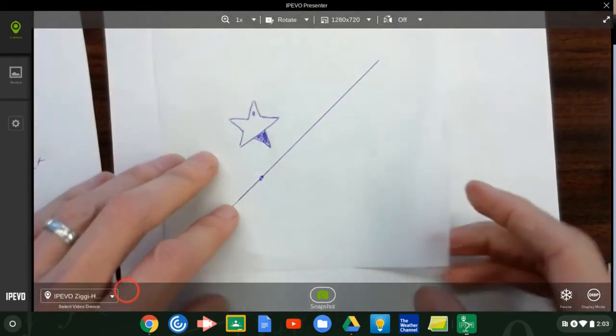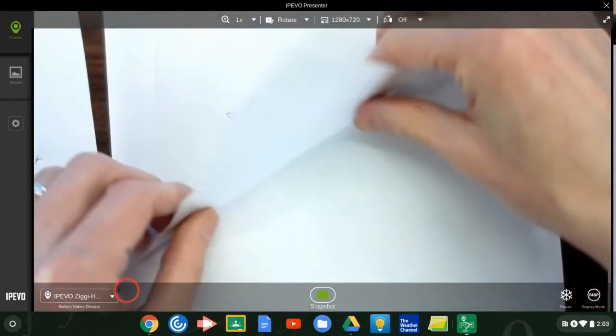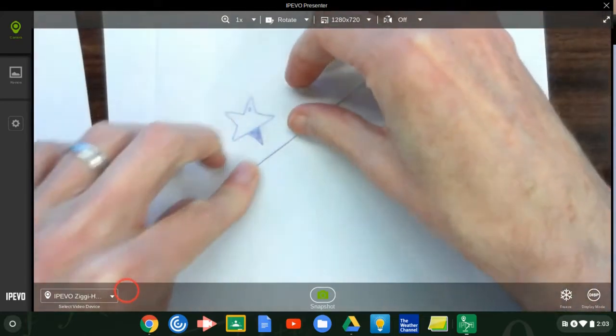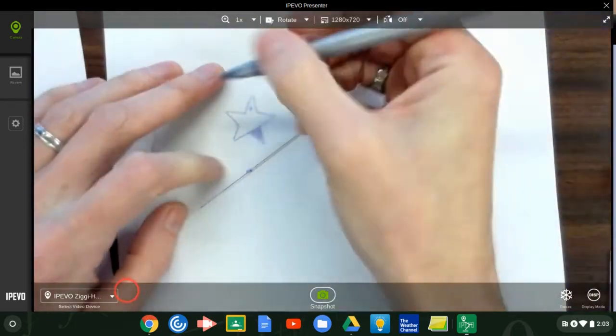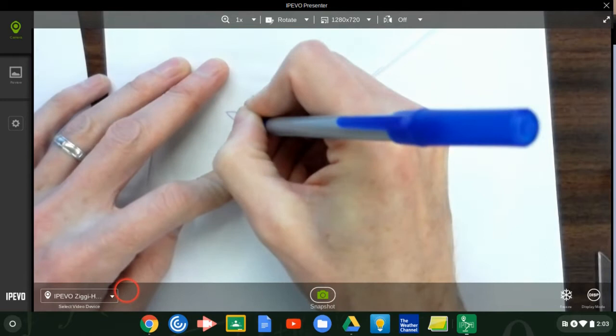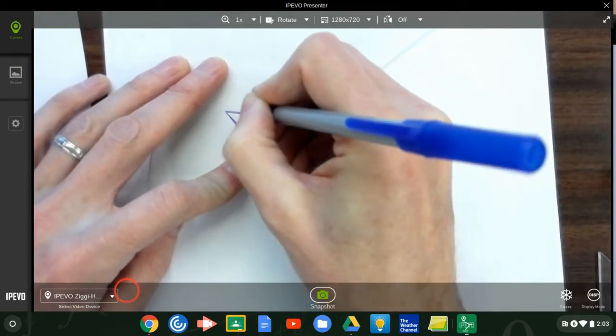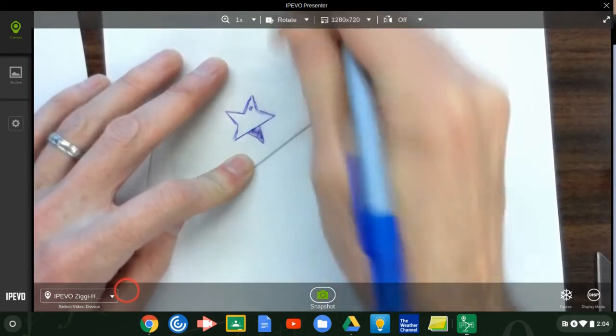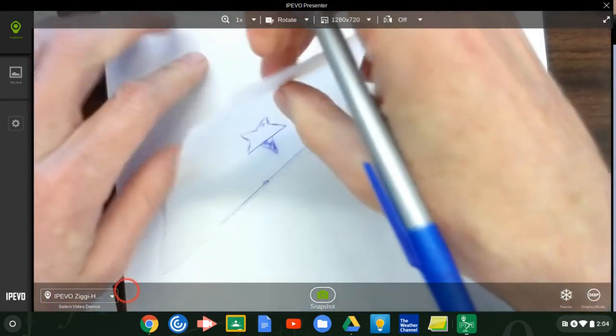So when I reflect it, let's say I fold this right along that line, and I copy my star. My copy job isn't too great. Like I said, art was not my subject of choice. And now I come back over this way.